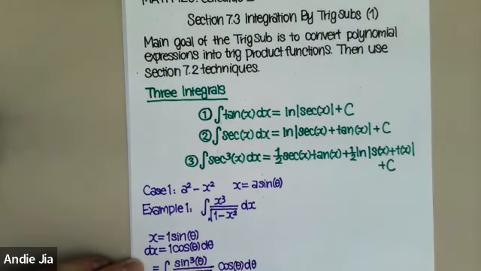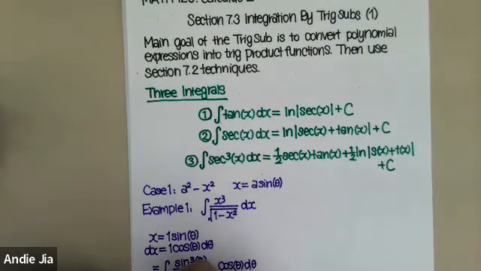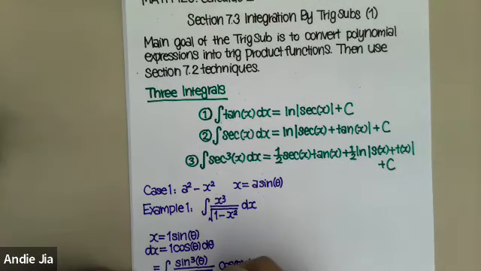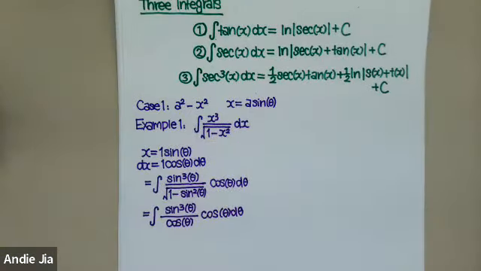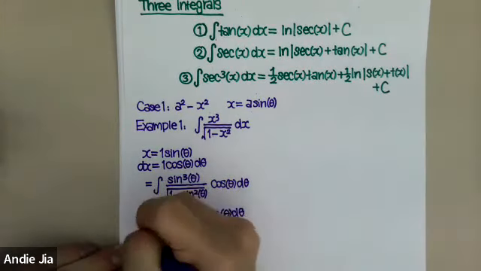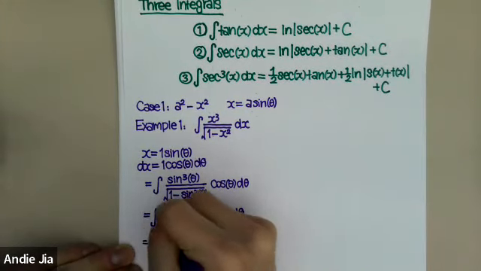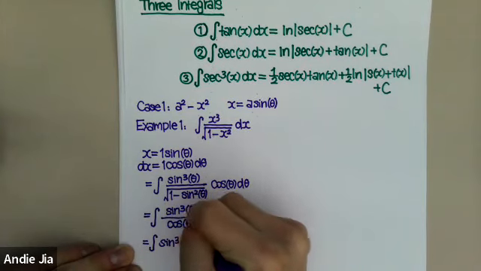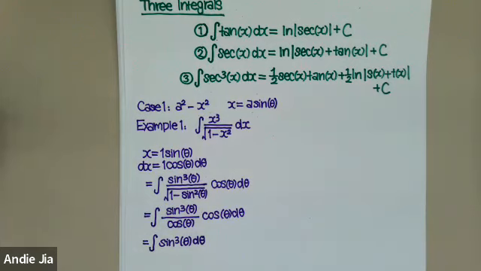This is cosine squared, and the square root of cosine squared is cosine. So it's going to be sine cubed of theta, times cosine of theta, times cosine of theta d theta, which gives sine cubed of theta d theta. The sine has an odd power.